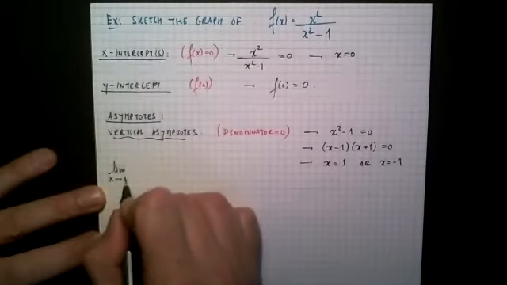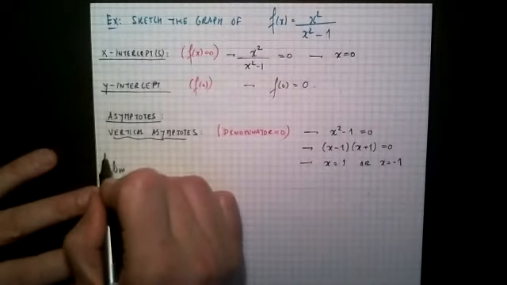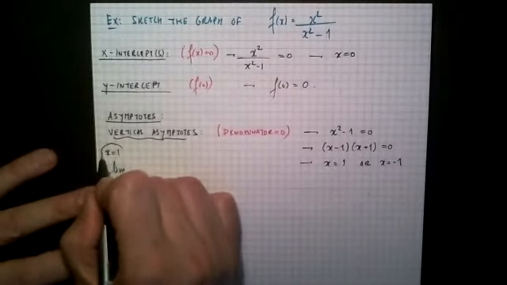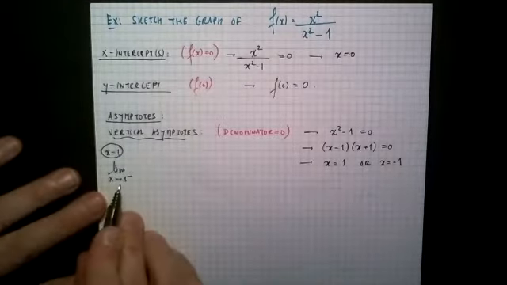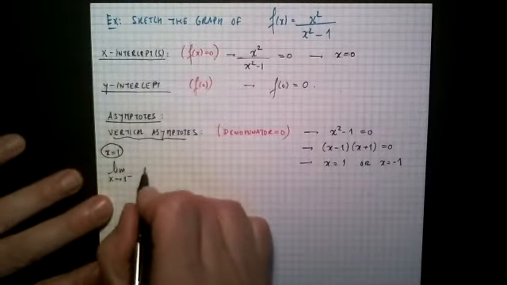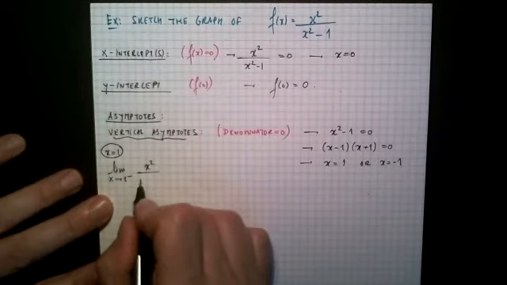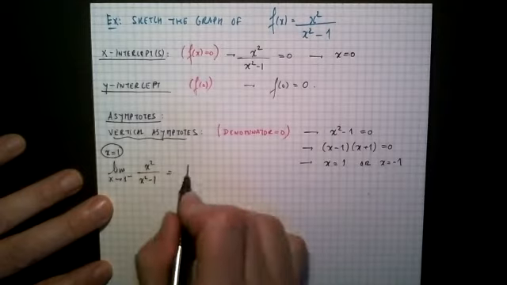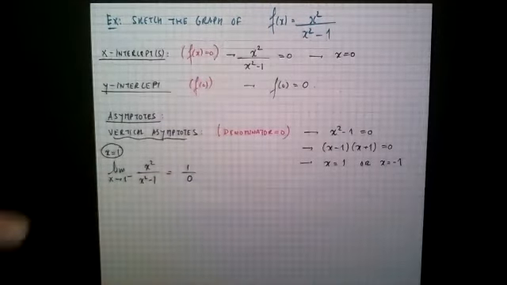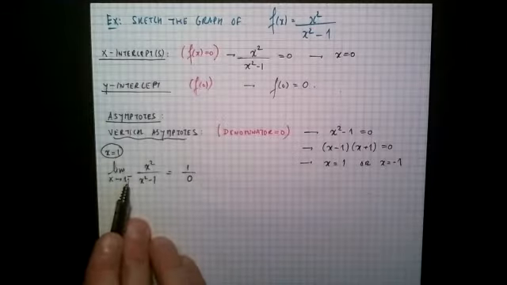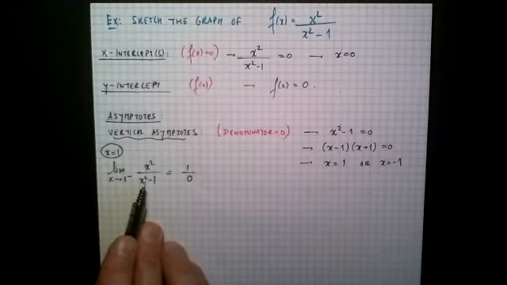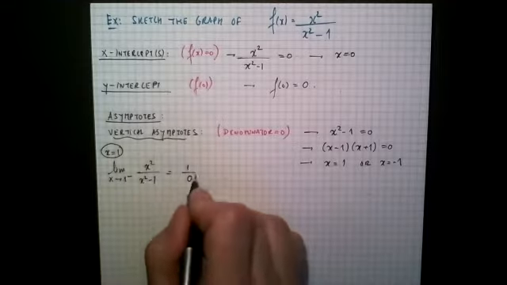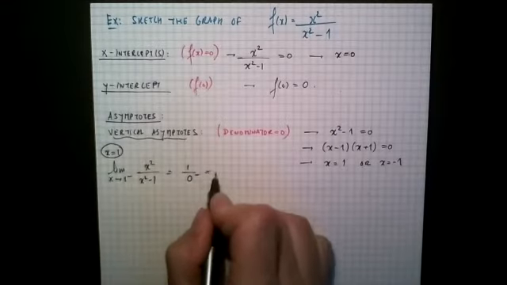Very good. Okay, so let's do the limit as x approaches 1. Let's start first at x equals 1. What happens there? Limit from the left of x² over x² minus 1. Here I will have 1/0. Since it's from the left, x is a little bit less than 1, so the bottom is negative, and so I have negative infinity here.